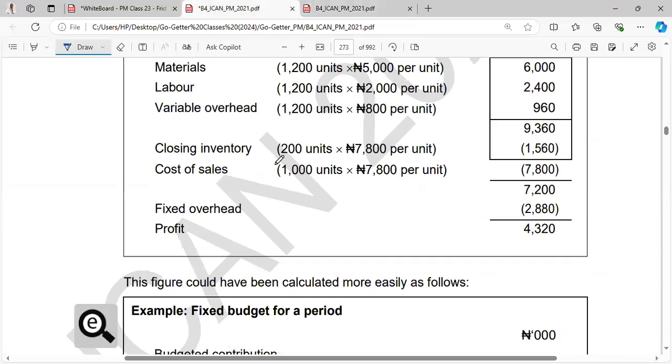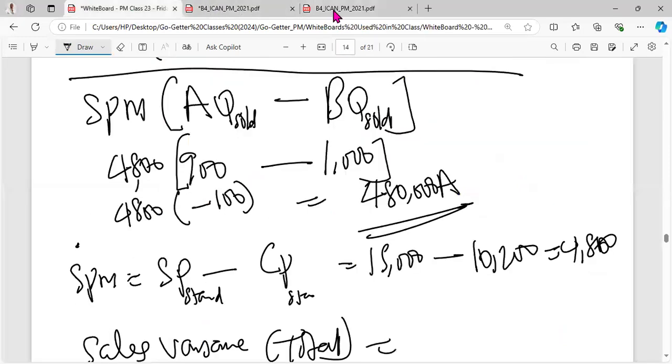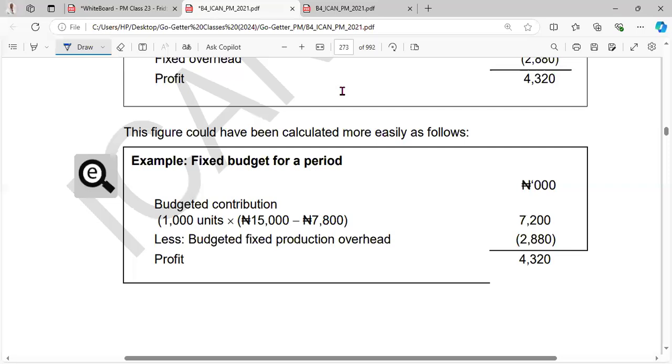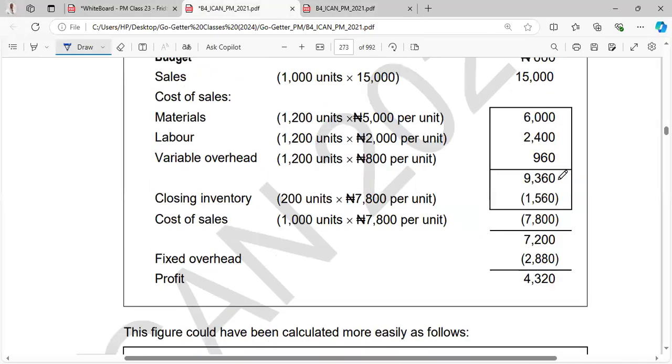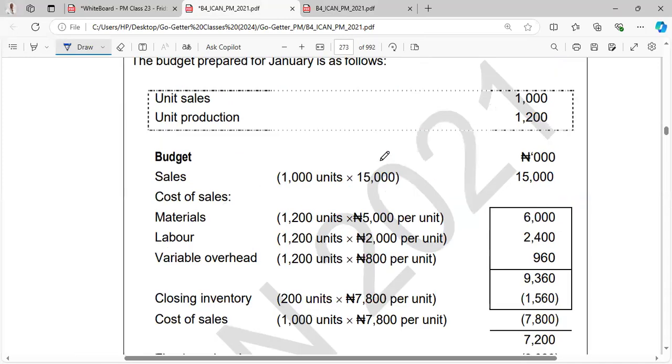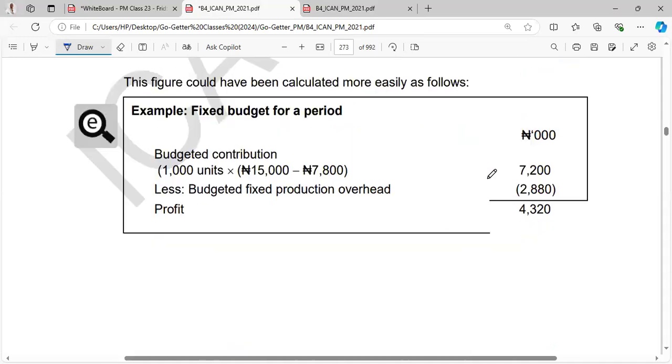And you have your fixed budget for the period, budgeted contribution. You have 1,000 units. 15 was the selling price. You can still look at it up here. 7,800 was the variable cost, and so your contribution is 7.2.